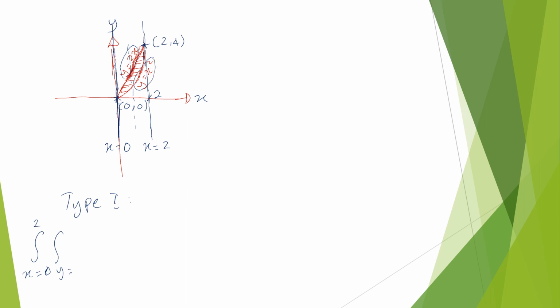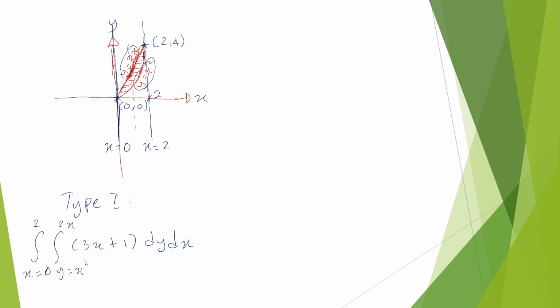So the lower will be y equals x squared and the upper one should be y equals 2x. What is our function just now? 3x plus 1, dy dx.